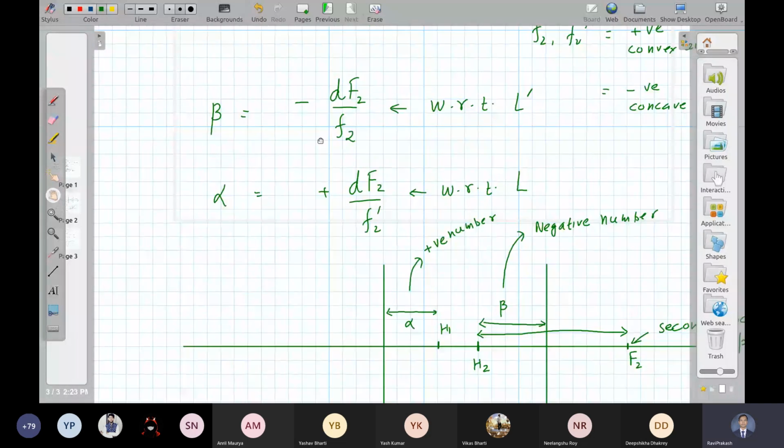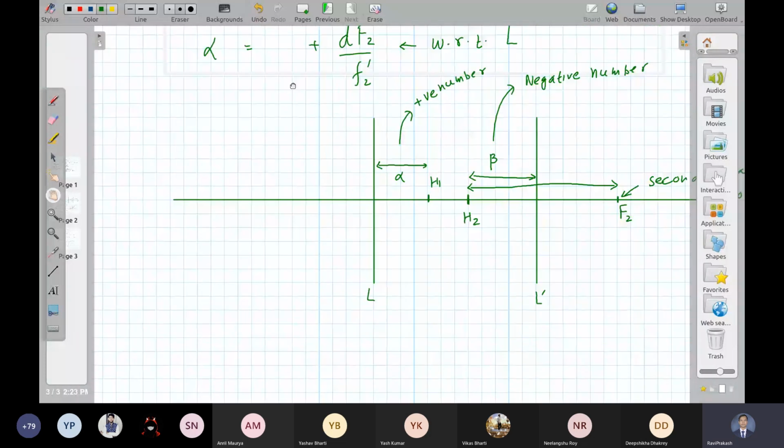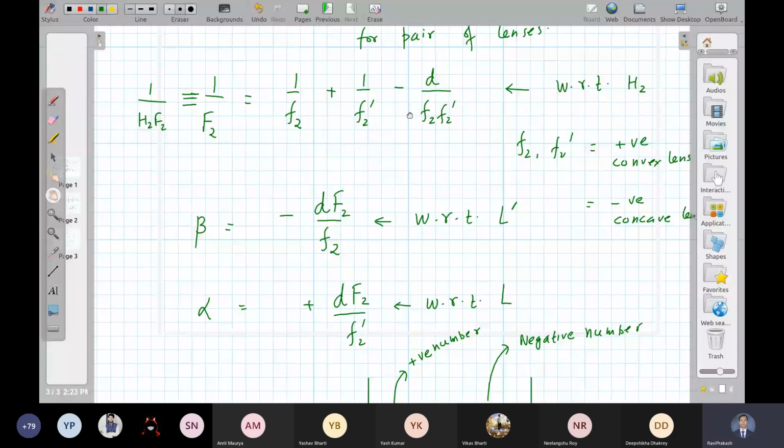Either you make the ray diagram in the same way we have made the ray diagram when we derive this formula. जब ये formula derive कर रहे थे, we assumed that light is coming from left side, they are parallel and they get focused at capital F2. Make a similar ray diagram for first focal point. Light emerges from some point and after passing through both the lenses, they become parallel.